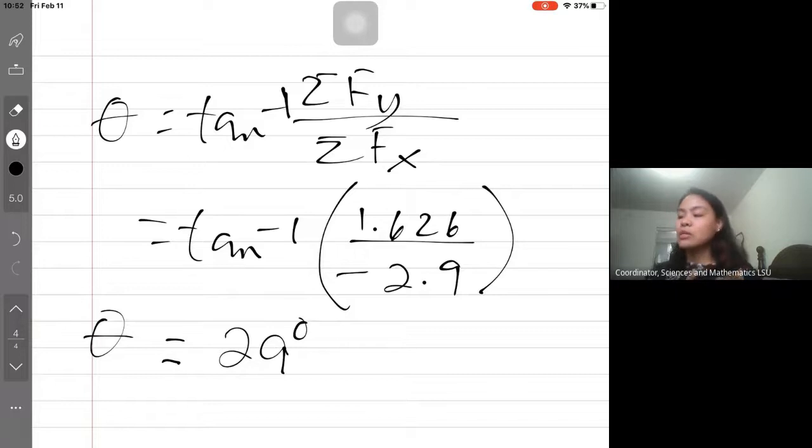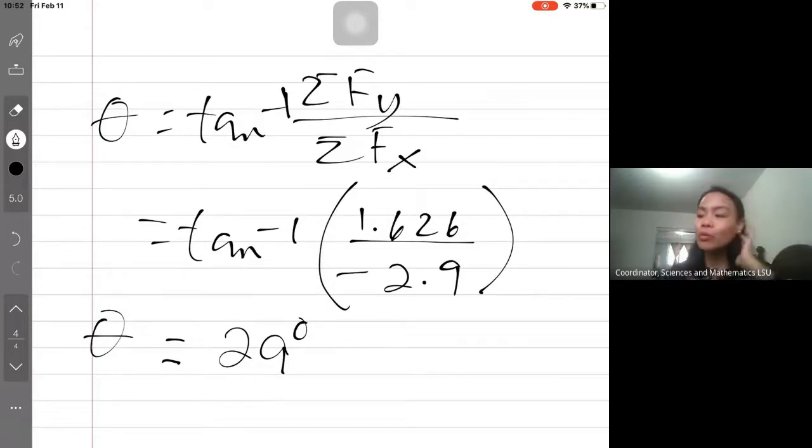Okay, so our Fy is positive and our Fx is negative. Okay, so where in the quadrant would that be? For positive y and negative x, it is in the second quadrant.